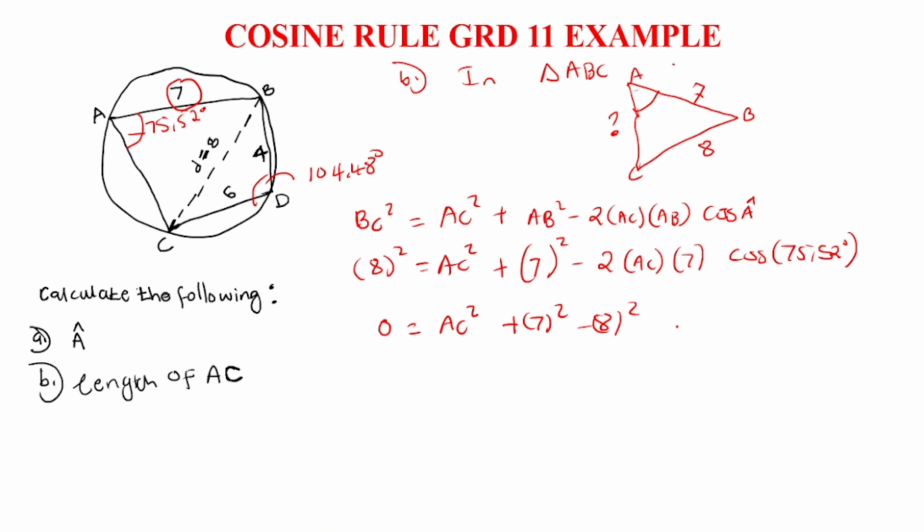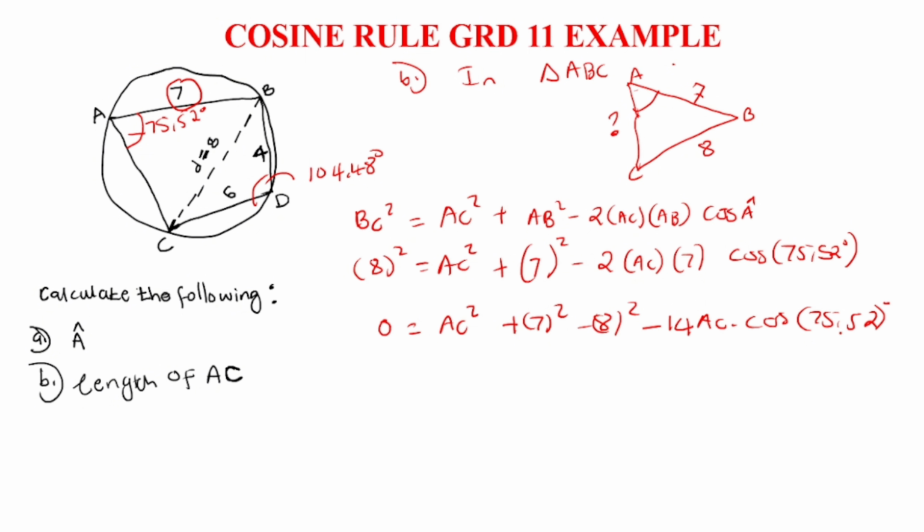They are like terms, those ones. And then here is going to be minus 14 AC times cos 75.52.